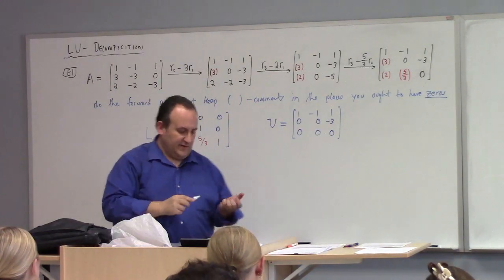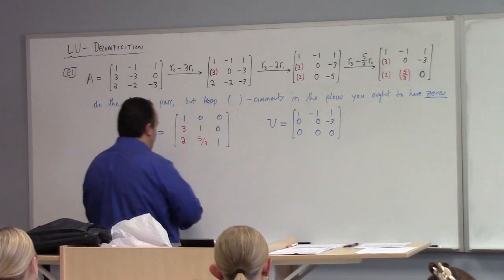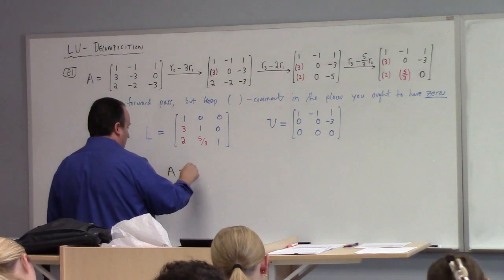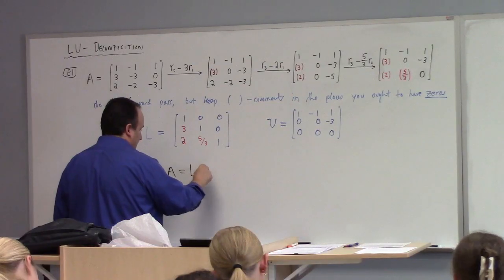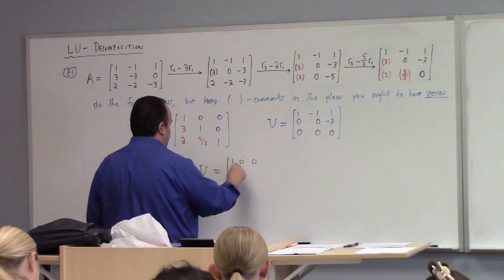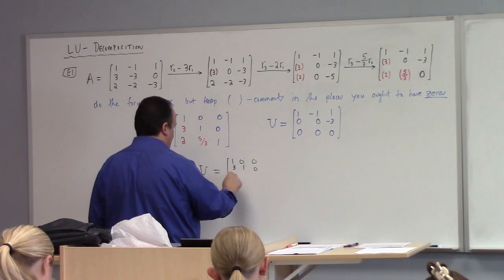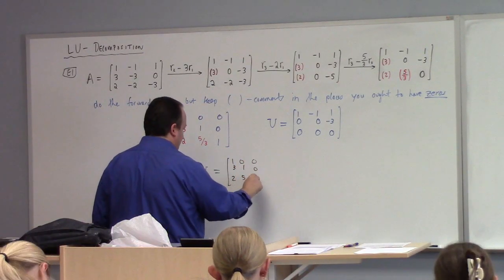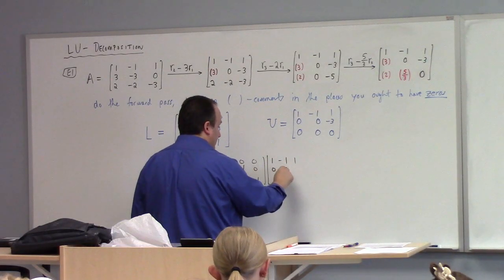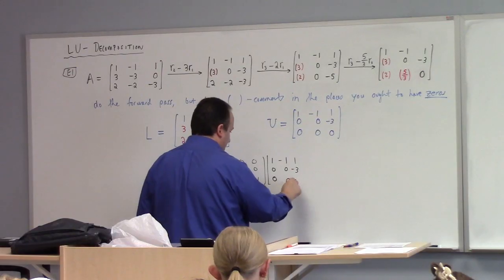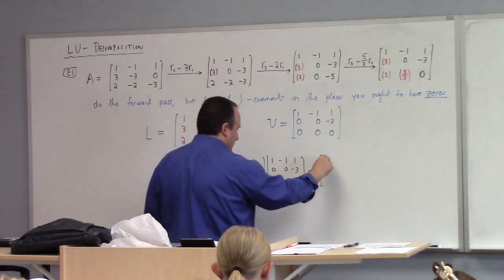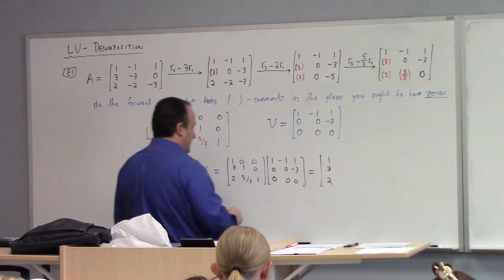And the magic of the LU decomposition is that if I multiply these two, I should get LU. Let's try it out. Multiply these, we get 1, 3, 2 for my first column.